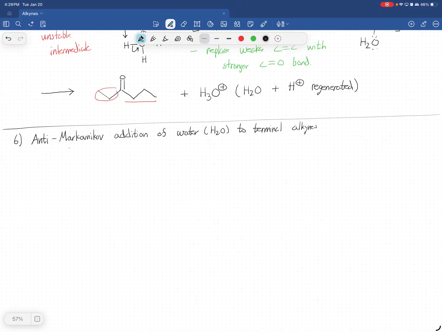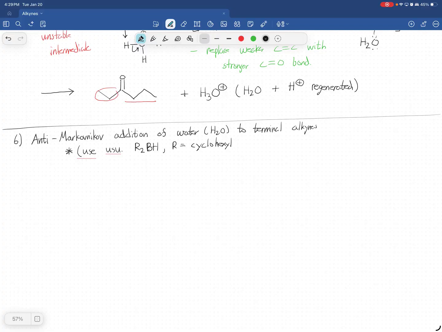Let me put a note here. In this reaction, we use a different boron reagent. We usually use R2BH, where R equals cyclohexyl.